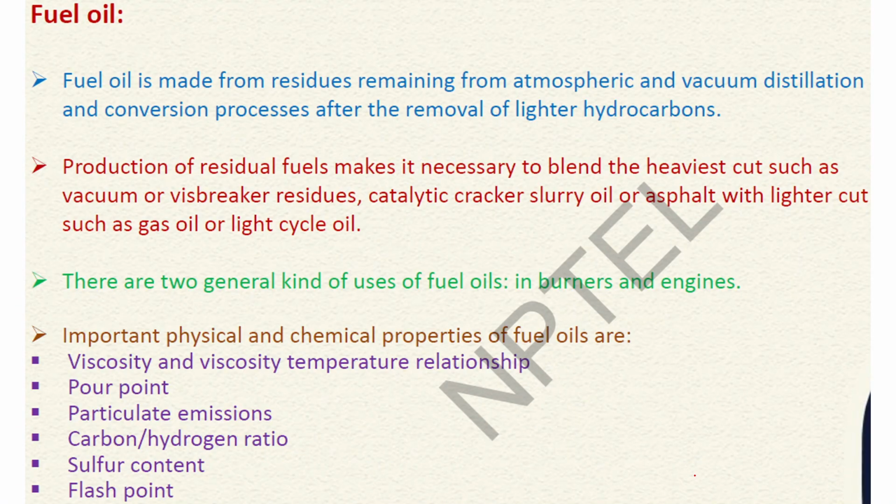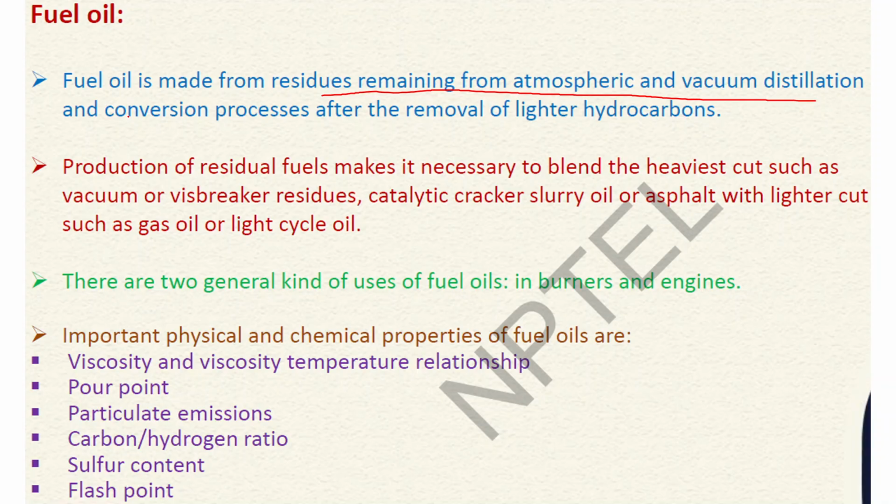Then coming on to the next, which is the fuel oil. Fuel oil is the distillate fraction after the middle distillate, that is, after the diesel oil. That fraction is the fuel oil, which is made from the residues remaining from atmospheric and vacuum distillation. It is the heavier residue.